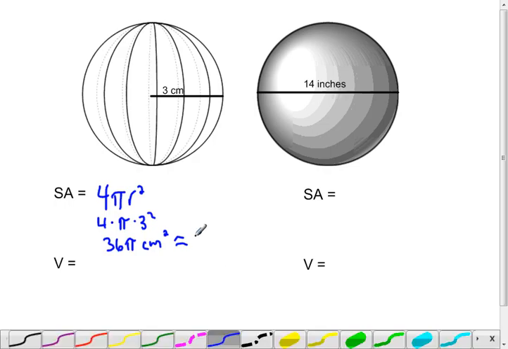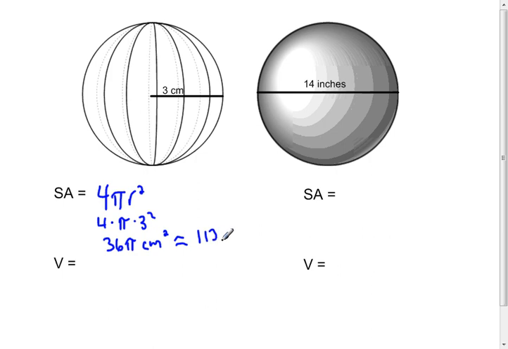So depending on what your teacher's looking for, if they say exact answers, you would write down 36 pi. If they say round to the nearest hundredth, we would write down this. Most of you are going to be dealing with the 36 pi.